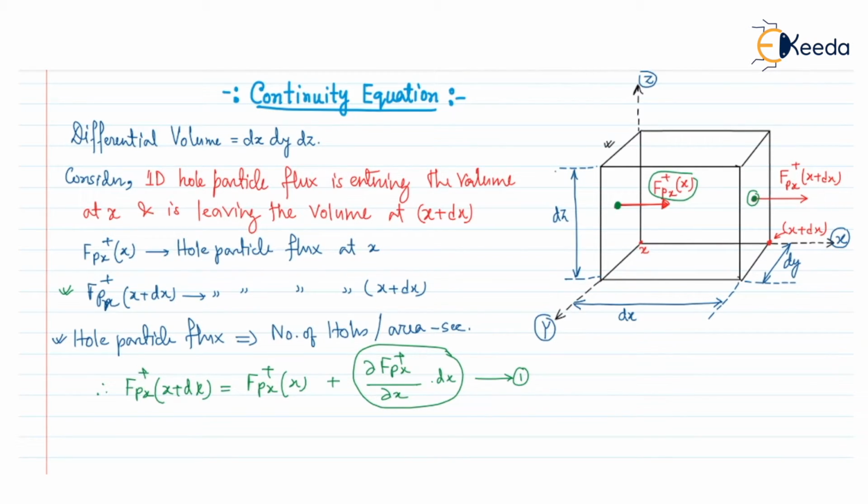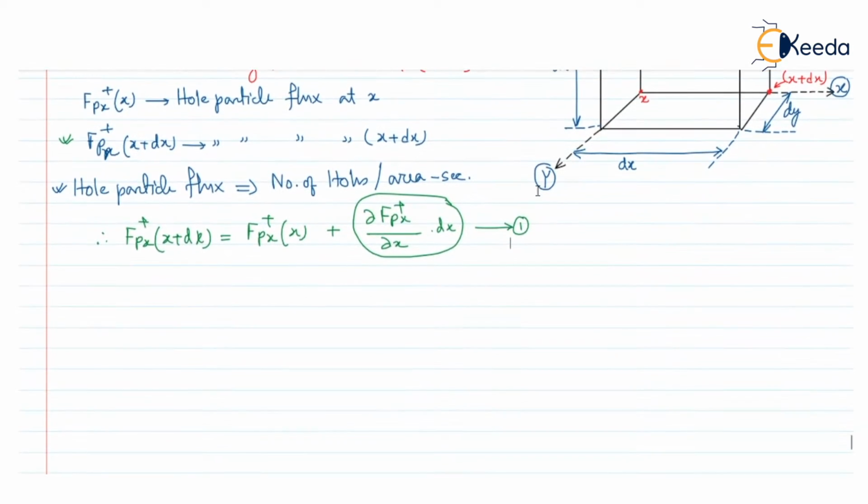From this equation 1, we can say that Fpx at x plus dx minus Fpx at x plus is equal to del of Fpx by del x into dx.